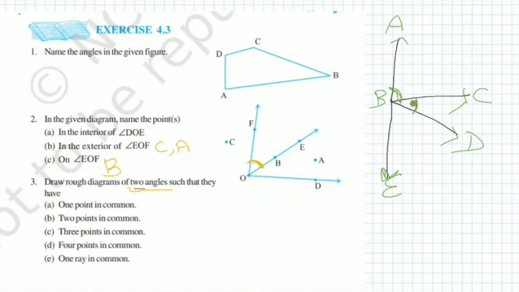They have 2 points in common. B and C will be common to both these angles. So we are not taking this. You consider this angle and this angle. This angle will be angle ABC. This angle will be angle BED. So here you have only one point in common.